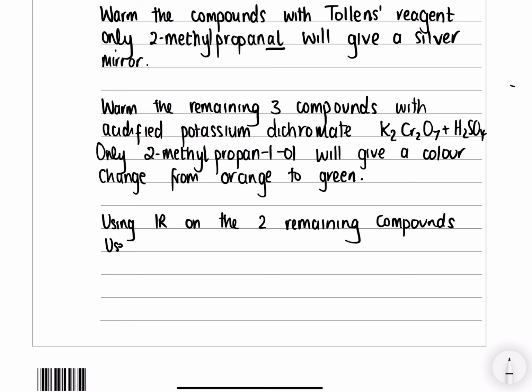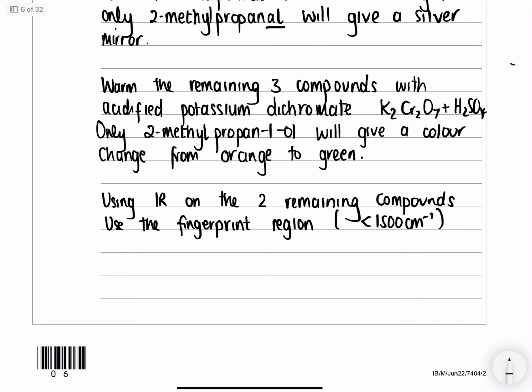We're going to use the fingerprint region, that's the region below 1500, so that's less than 1500 centimetres to the -1 wave number, to identify the compounds by comparing the spectra to a database.